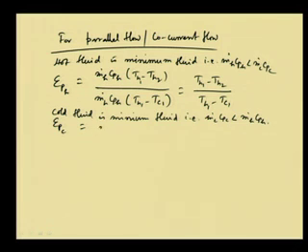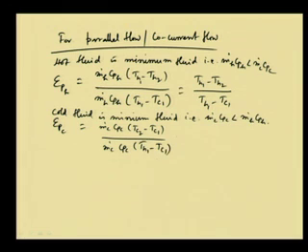So, this becomes m dot c Cpc into Tc2 minus Tc1, Tc2 is higher than Tc1 in parallel flow, okay, and here it is m dot c Cpc into Th1 minus Tc1, and this is equal to Tc2 minus Tc1 by Th1 minus Tc1, right.